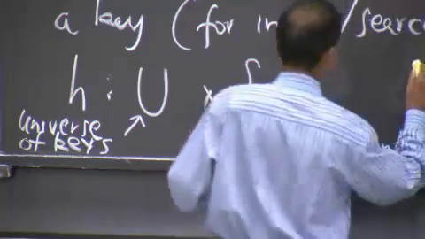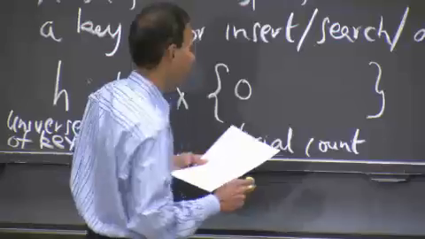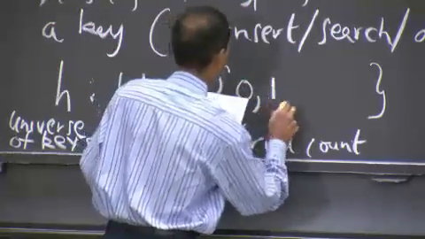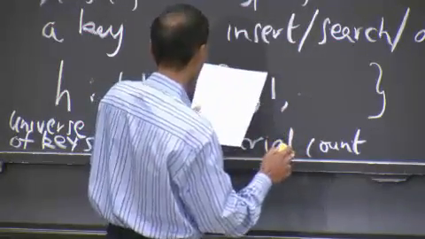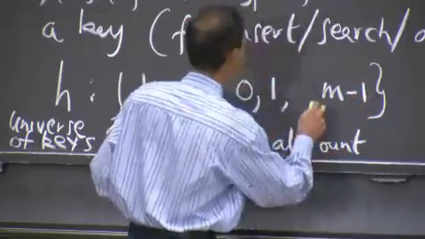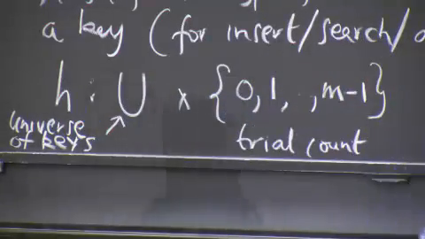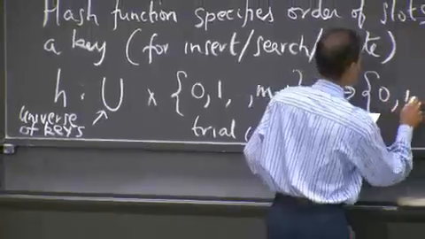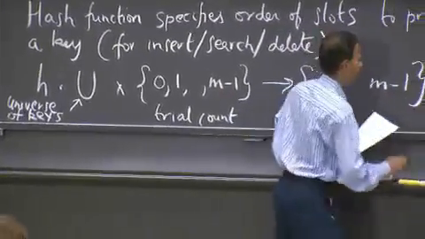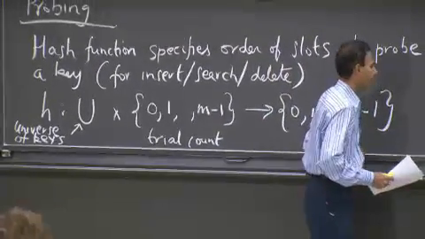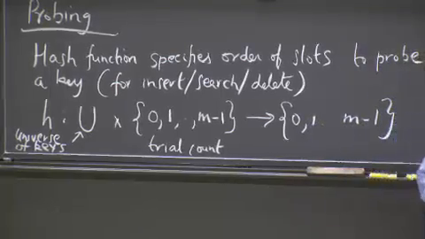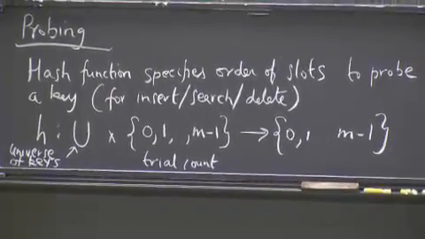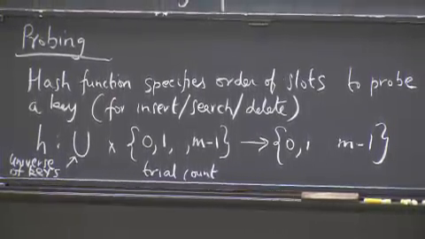But the hash function is going to take two arguments. It's going to take the key as an argument, and it's going to take a trial, which is an integer between 0 to m minus 1. All right? And it's going to produce, just like the chaining hash functions, a number between 0 and m minus 1, right? Where m is the number of slots in the table. All right? So that's the story.